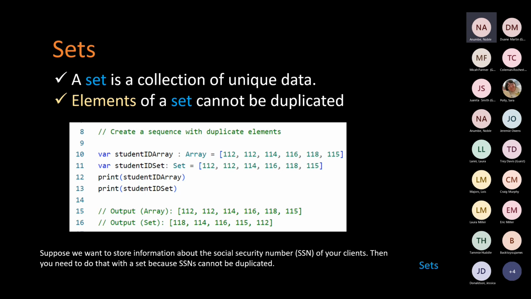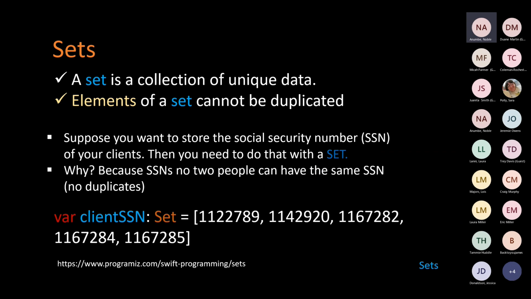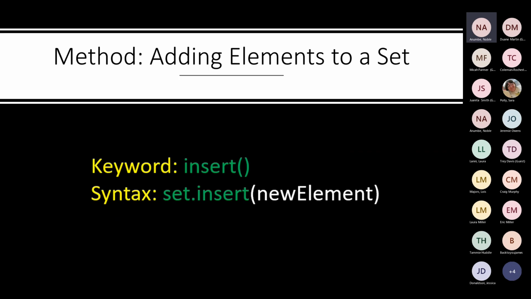In other words, for this array, I can have 112, 112. But for sets, if you have 112, 112, at the end of the day, it's going to eliminate one of the 12s and give you only 112. Array keeps everything. That's the fundamental difference between them. These were examples that I gave the last time.